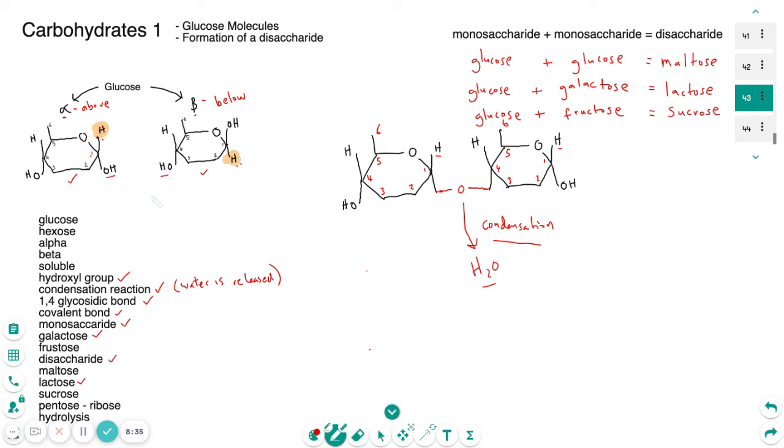We need to also be aware how these bonds can be broken, which is by hydrolysis, which is the adding of water. So the monosaccharides introduced so far are glucose, fructose, and galactose, and the disaccharides are lactose, maltose, and sucrose. Right, there's our hydrolysis, I'll tick that off.